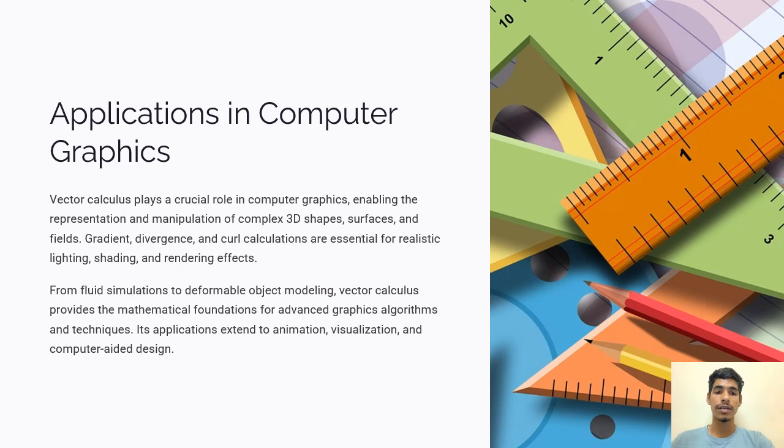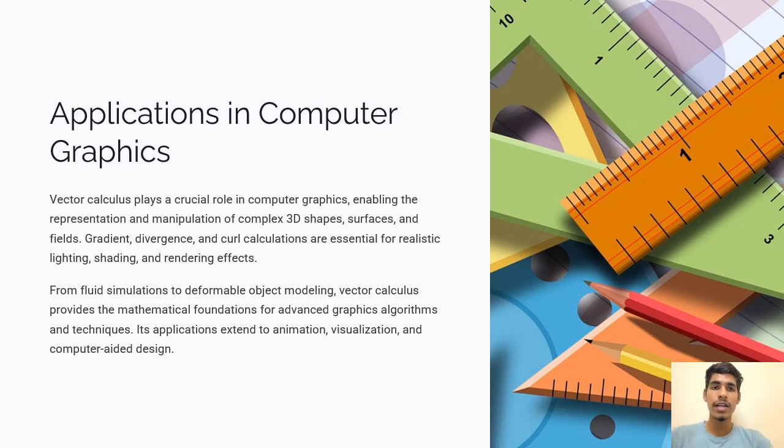Gradient, divergence, and curl calculations are essential for realistic lighting, shading, and rendering effects. From fluid simulation to deformable object modeling, vector calculus provides the mathematical foundation for advanced graphics algorithms and techniques. Its applications extend to animation, visualization, and computer-aided design.